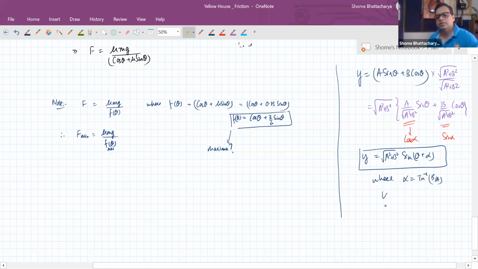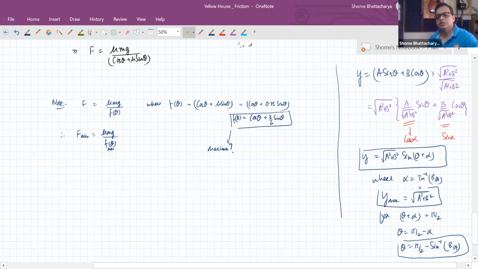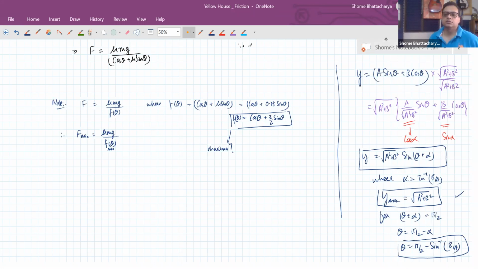So you can see that y's maxima becomes root of a square plus b square, for theta plus alpha to be pi by 2, or theta to be pi by 2 minus alpha. So for this theta, the value of this function becomes maximum, which is this. So make use of this.